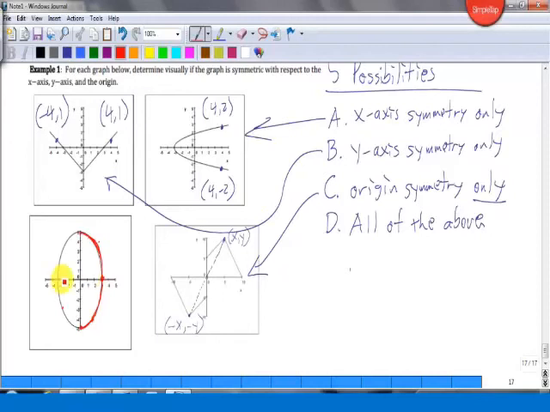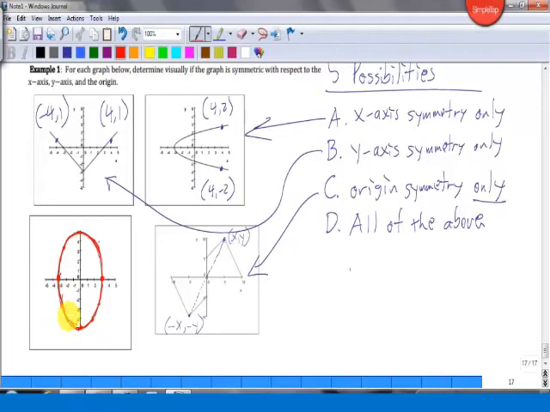So we take this point, take it over there, other side of the y-axis. This point, over there. This point, over there. And fill in everything we need so that the resulting graph is symmetric with respect to the y-axis. Just flip it over the y-axis, keep what we had, and add the new stuff. What we have after doing that is the entire ellipse.